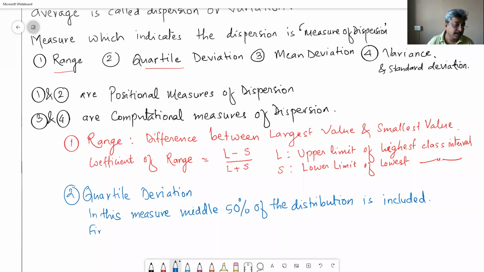The first and last quarter of observations are excluded.